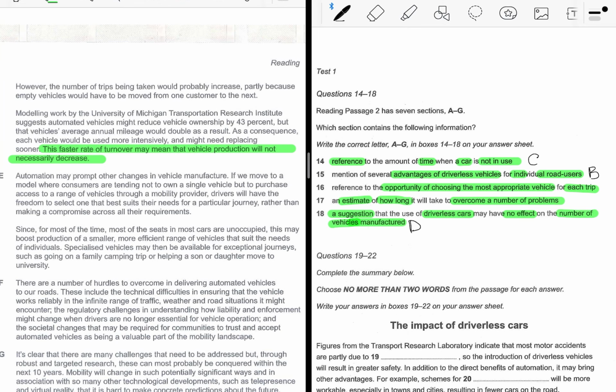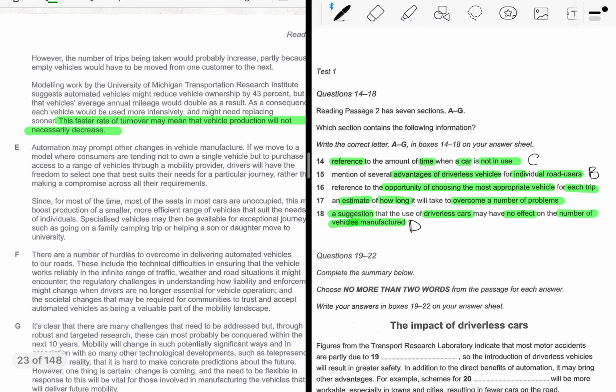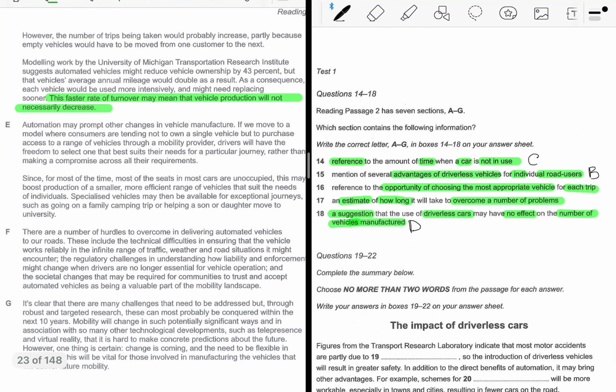Paragraph E. Here in the second line, we found particular journey. Okay, let's highlight it.